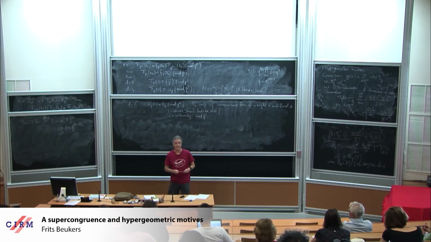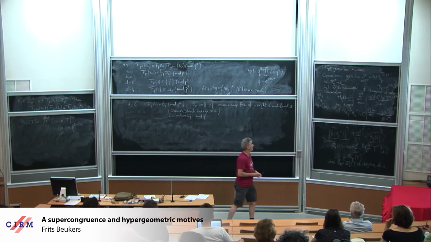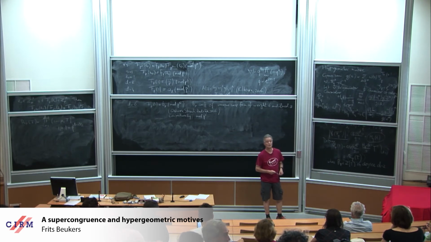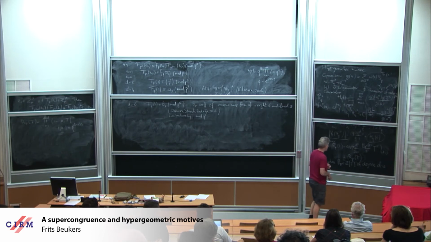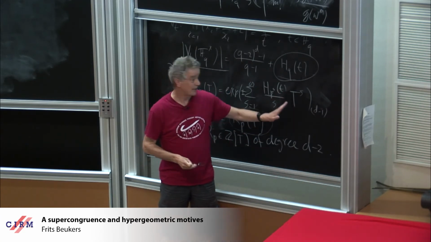Frits, yes? In general, this R_p of T in functionality for other representatives should be a rational function. Yes. So here there is a true miracle, or is it the case that the factor that you are hiding is encoding this rationality? So maybe I should say, hang on, I'm making a little mistake here. In general, we don't need this. If t is not equal to 1, then we don't need to put this here.